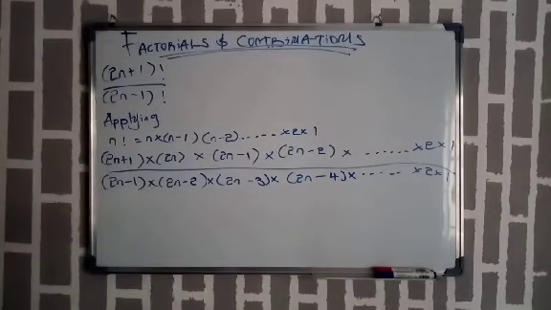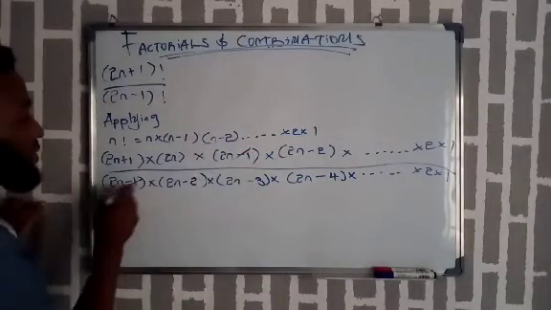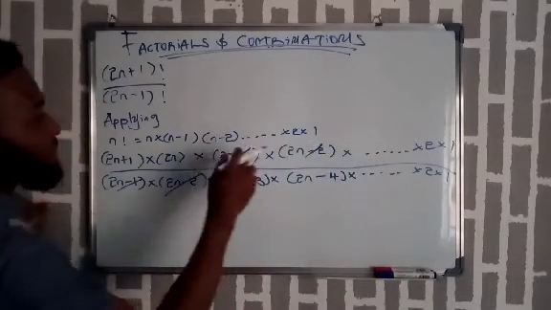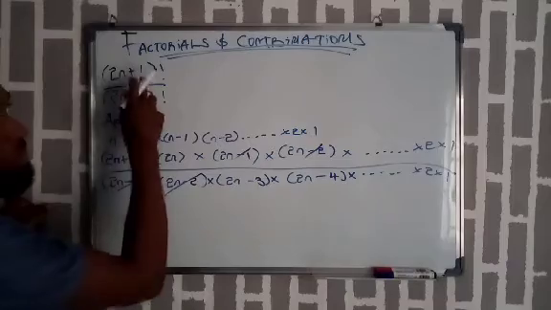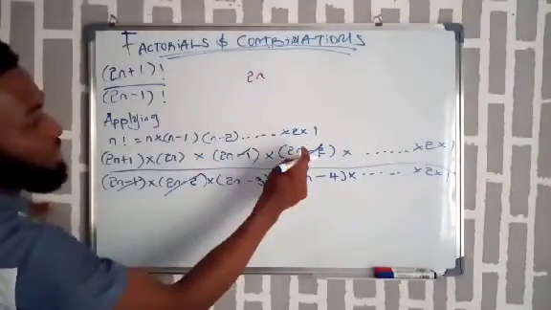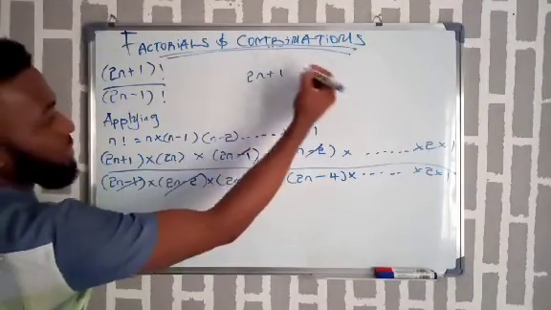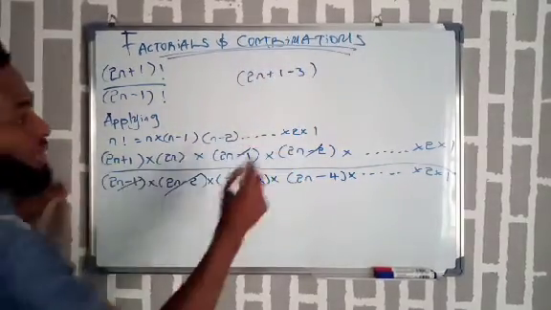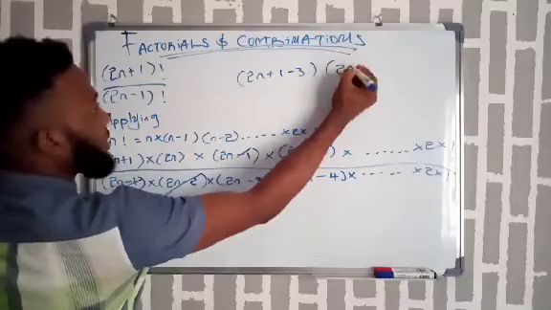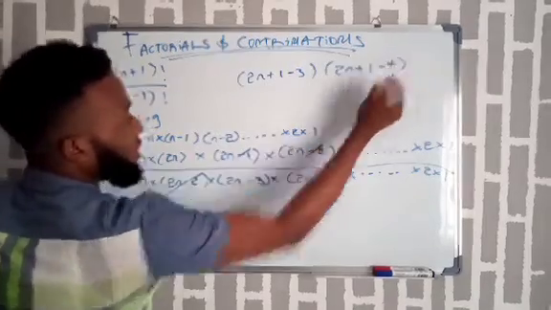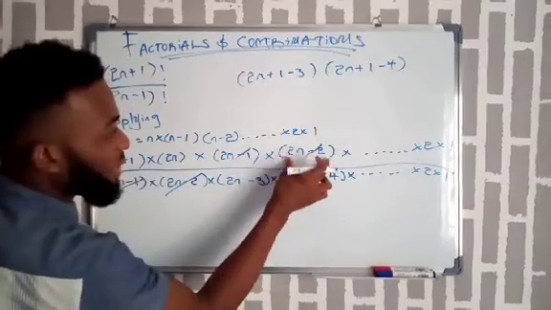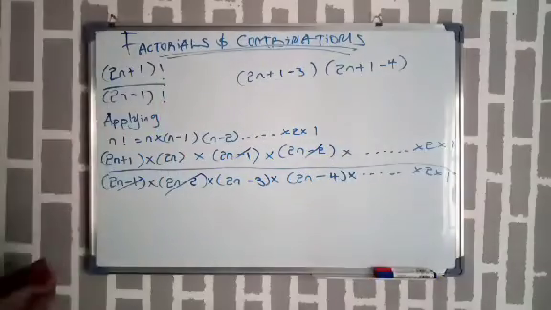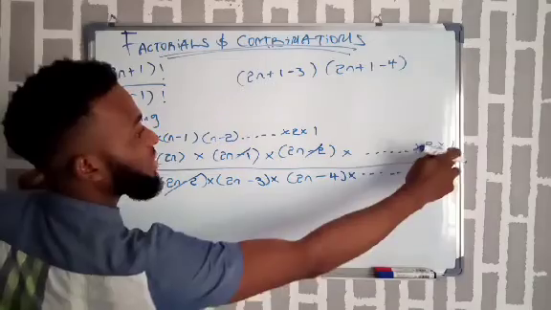So you see there, 2n minus 1 can cancel this, and 2n minus 2 can cancel this. If there's another factor here, it will be 2n plus 1 minus 4. The whole of this means that there are numbers following this sequence before it gets to 1.